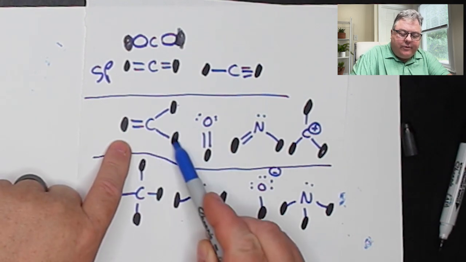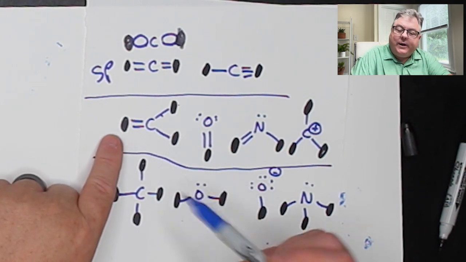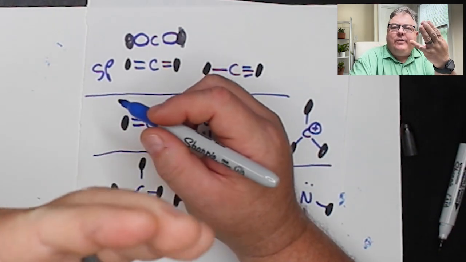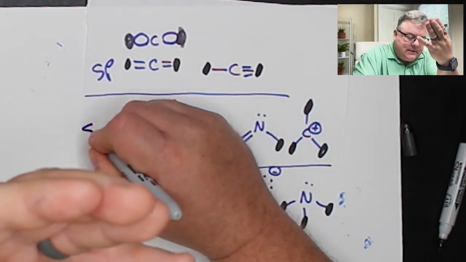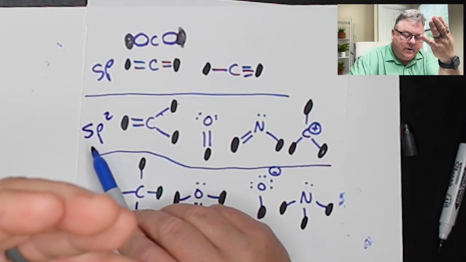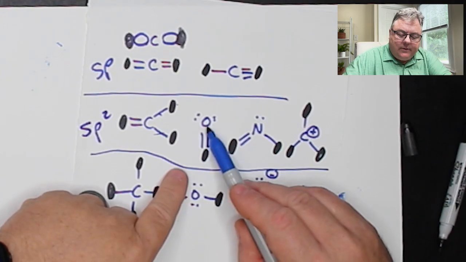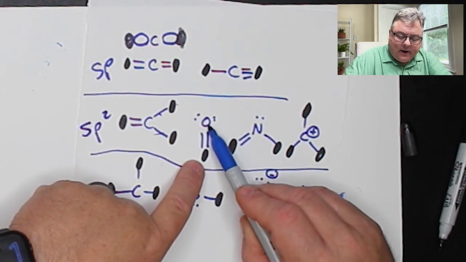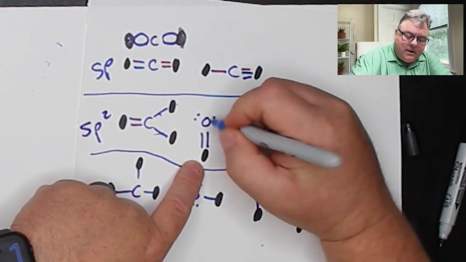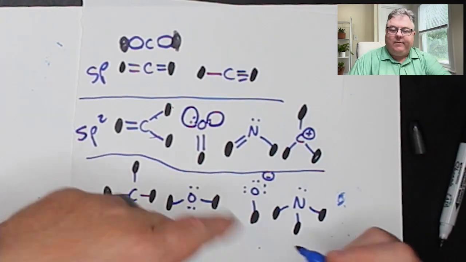Here's a carbon with three things attached to it. It has a double bond and two single bonds, but three atoms. So if I need three things, I'm going to mix an s and two of my p's. So 1, 2, 3 things mixed together to make three sp2 hybrid orbitals. This oxygen here has an atom and an invisible lone pair of electrons and an invisible lone pair of electrons.